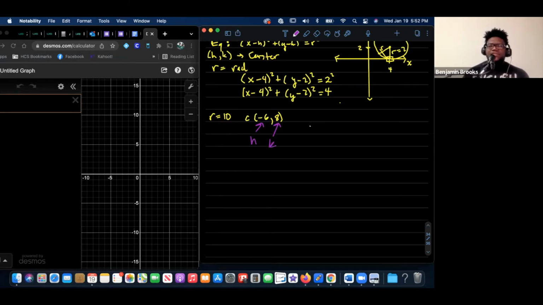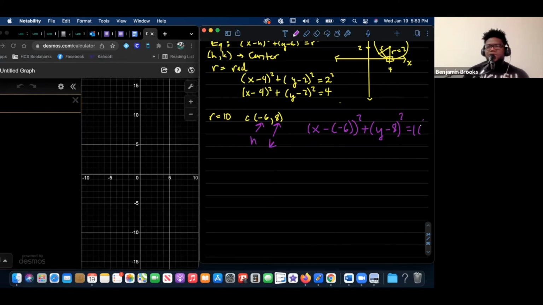So in this situation, we can say X, remember it's X minus H. So it's X minus -6. So be very careful about that part. Just X minus -6. Then you're going to have plus Y minus K. So Y minus 8 there, squared, equals R squared, which is 10 squared in this case.